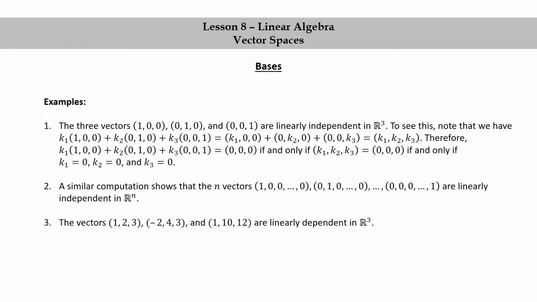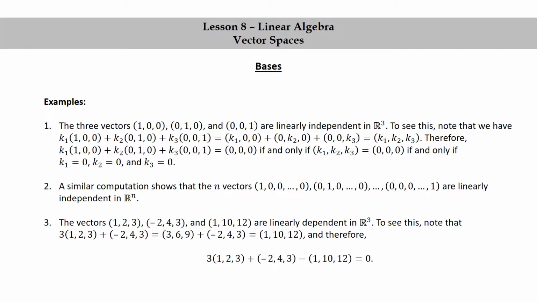The vectors (1, 2, 3), (-2, 4, 3), and (1, 10, 12) are linearly dependent in R3. To see this, note that 3 times (1, 2, 3) plus (-2, 4, 3) equals (3, 6, 9) plus (-2, 4, 3), which is equal to (1, 10, 12).